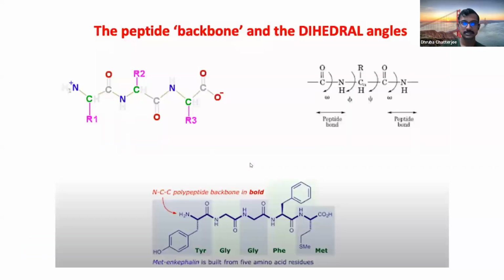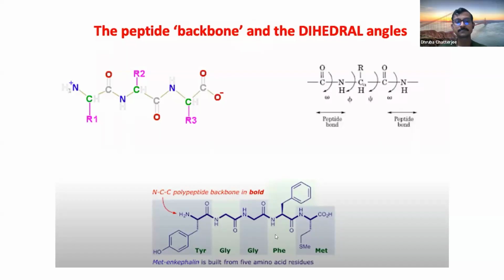Now we will discuss a bit about the concept of the dihedral angles, because this is one important constraint that, along with the amino acid sequence, governs protein folding.